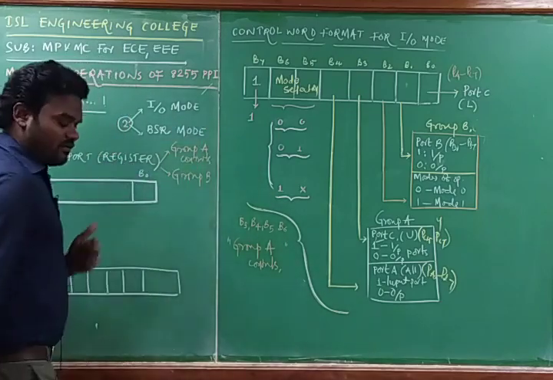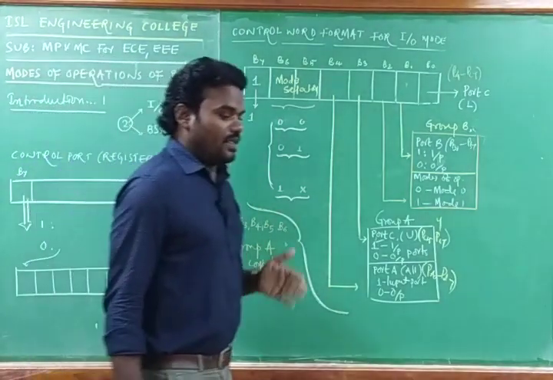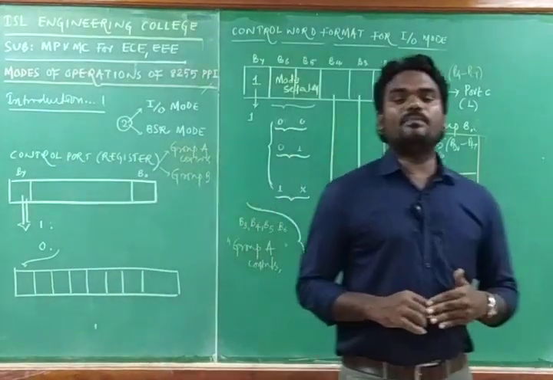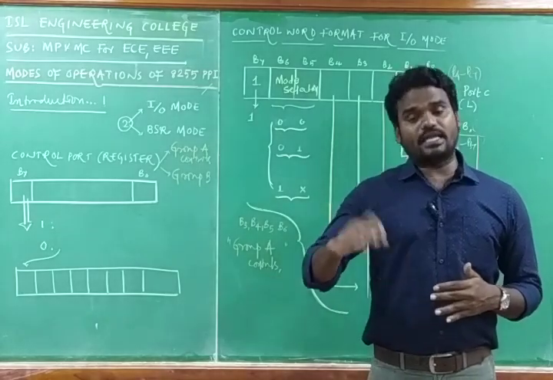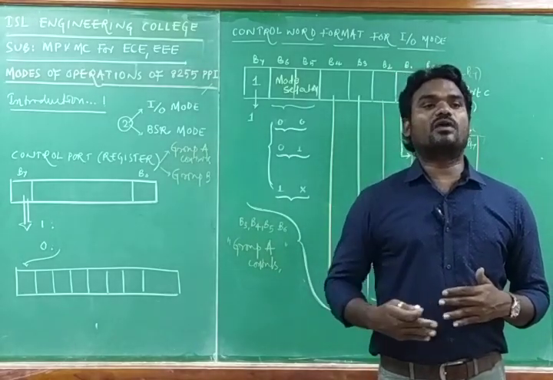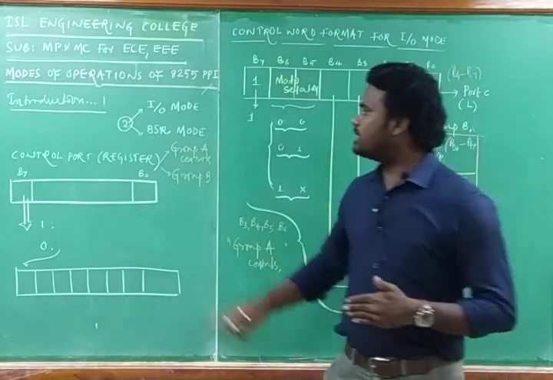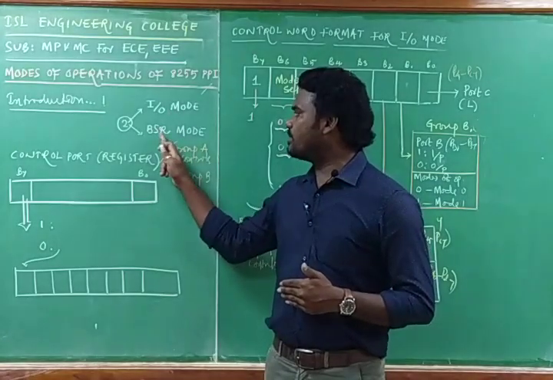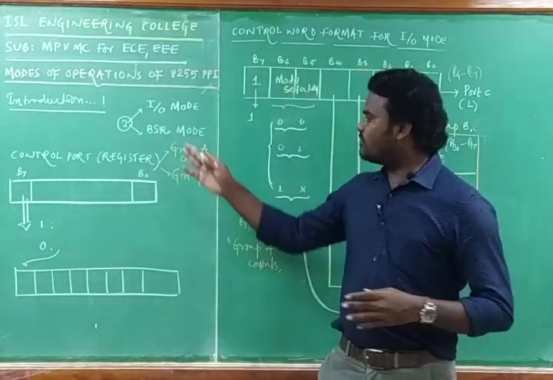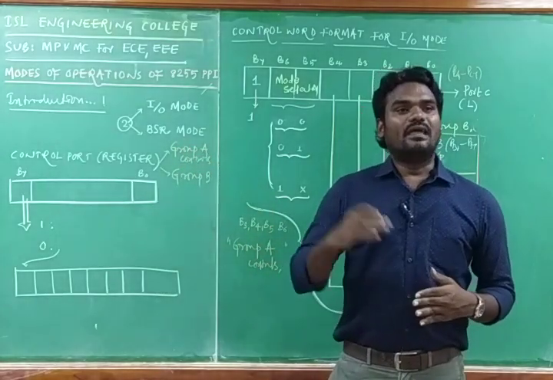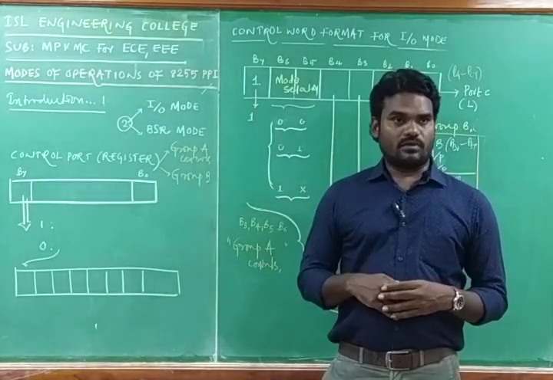From these two, we can conclude that this 8255 PPI is an integrated circuit which can be programmed to operate either in IO mode or BSR mode. IO stands for input output mode, whereas BSR stands for bit set reset mode.